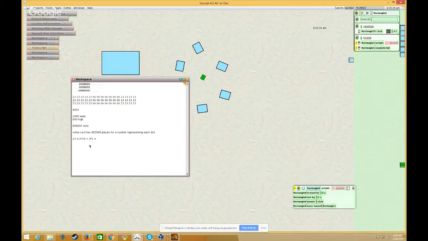I think that is pretty clear. But you could also say that it's 2 times 10 raised to the first power plus 3 times 10 raised to the 0 power.